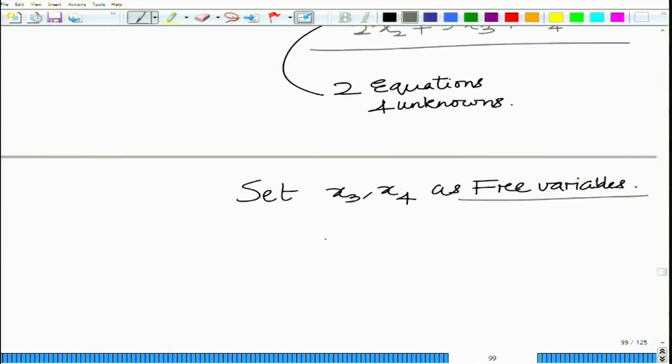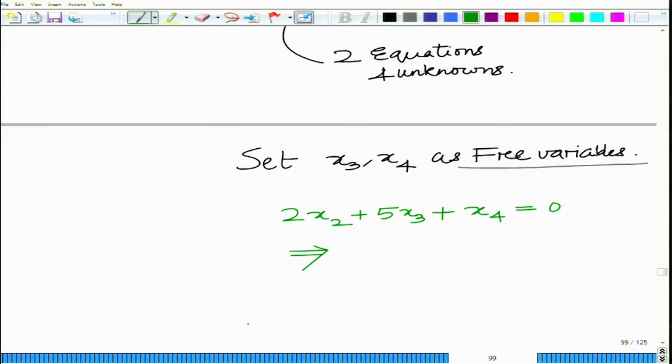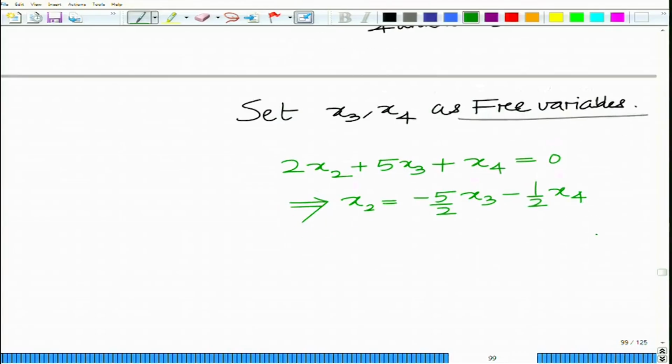From the last equation we have 2x2 plus 5x3 plus x4 equal to 0. This implies x2 equals minus 5 by 2 x3 minus half x4.